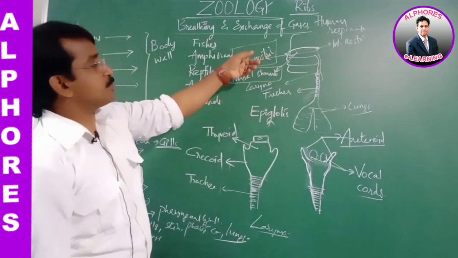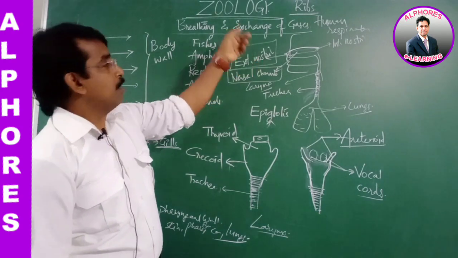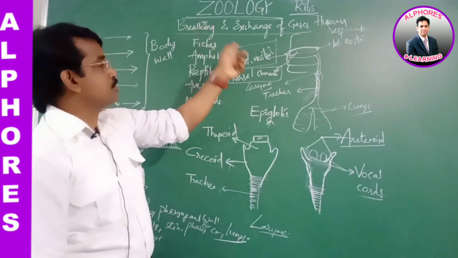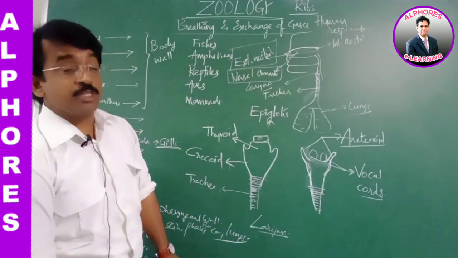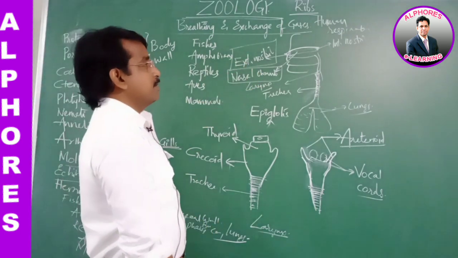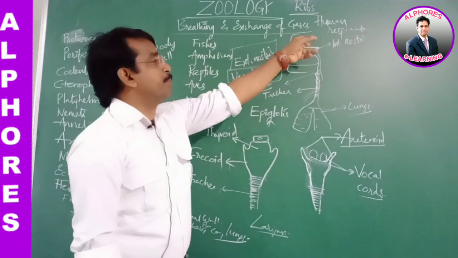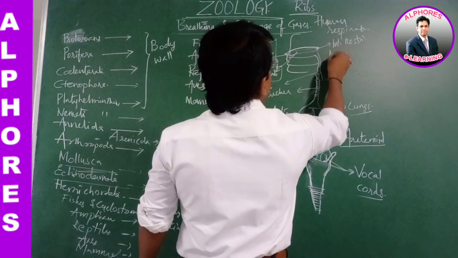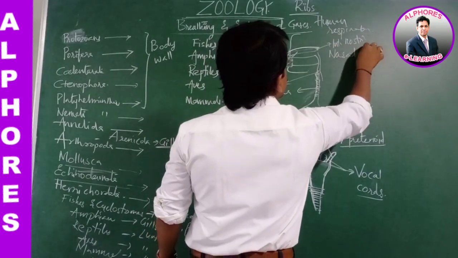The external nostrils are present at the tip of the respiratory tract, which lead into the nasal chamber. There we see the vestibular part, respiratory part, and olfactory part, the three parts of the nasal chamber.